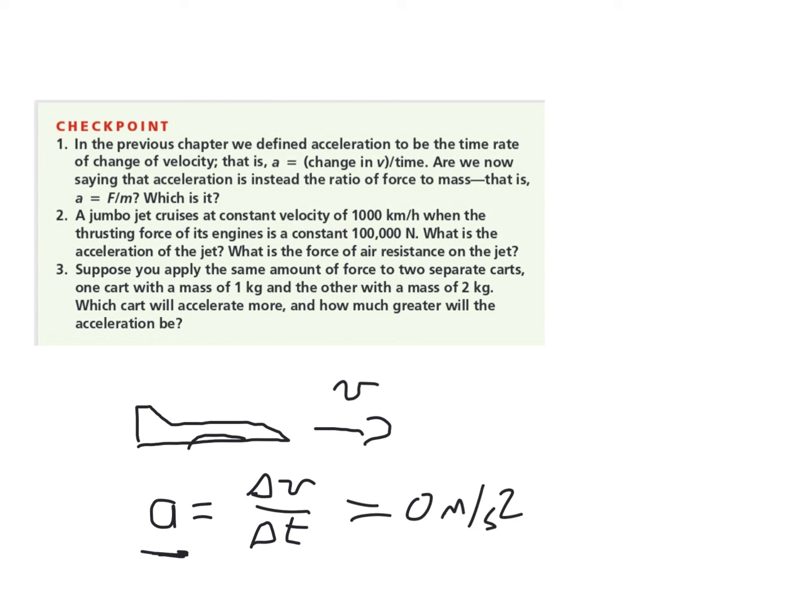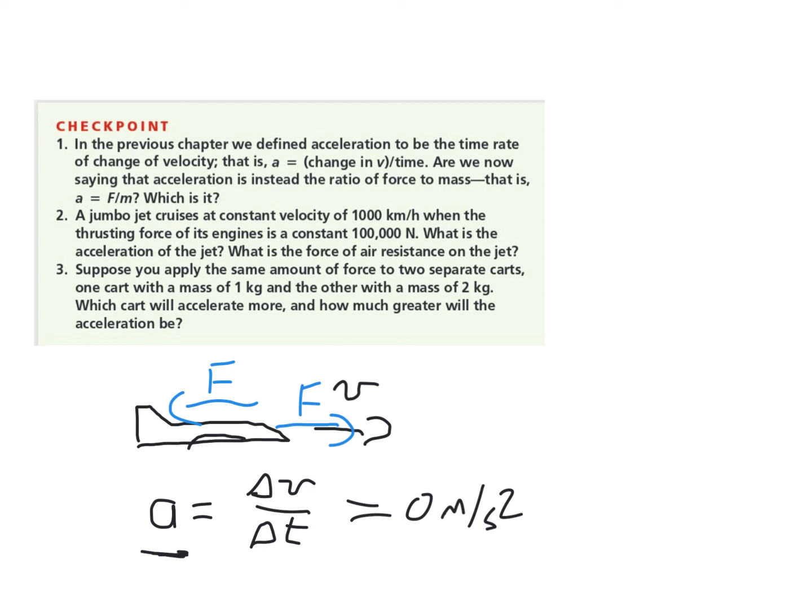Now the next question says, what is the force of air resistance on the jet? That's the second part of question number 2. Well, we have the force of thrust pushing that way, and we have the force of air resistance pushing in the opposite direction. What must be true of those forces if the acceleration is 0?